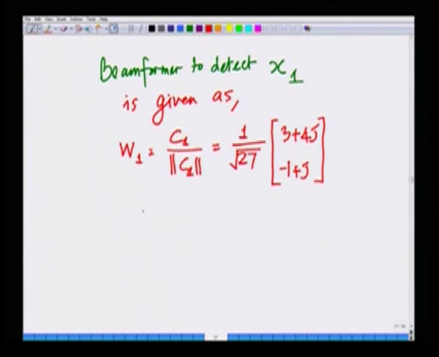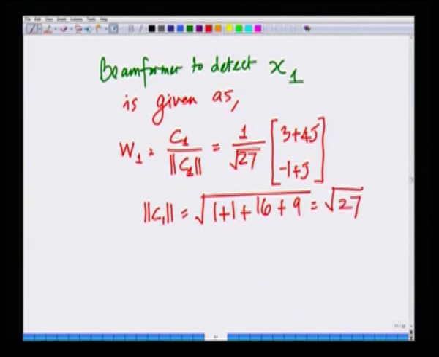You can verify that norm of C 1 is nothing but square root of 1 plus 1 plus 16 plus 9 equals square root of 27. Hence, W 1 equals C 1 divided by norm of C 1, that is 1 over square root of 27, 3 plus 4 j minus 1 plus j.